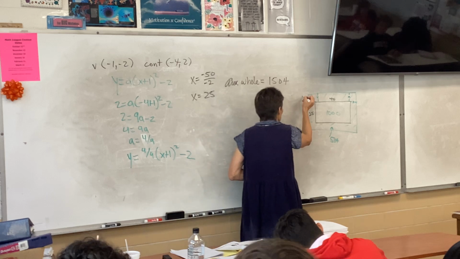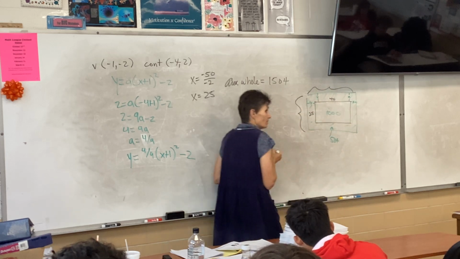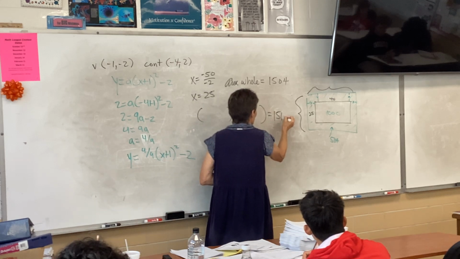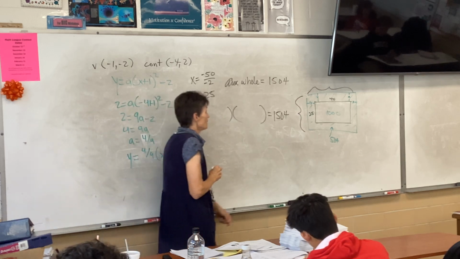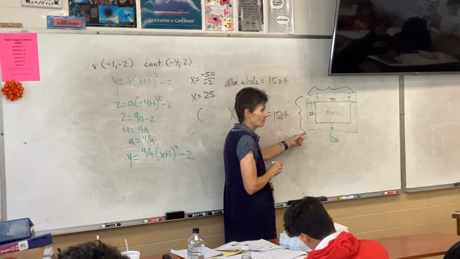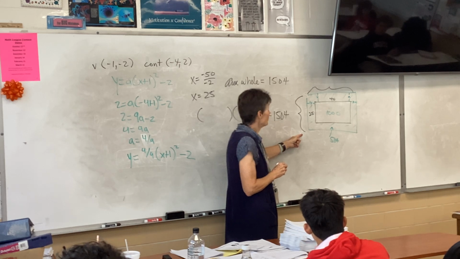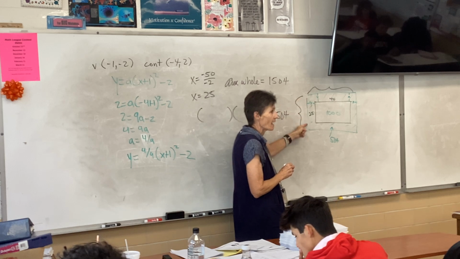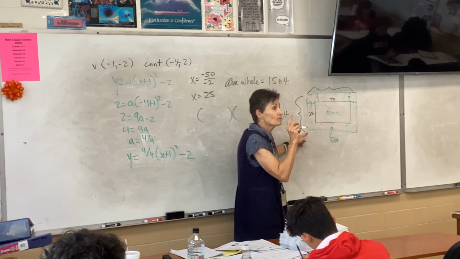So if I knew what this and this were, if I multiply them together, I should get 1,504. Agreed? Okay, so what's this? No, this dimension right here. What's this green line right here? How long is that? 25 plus 2x.